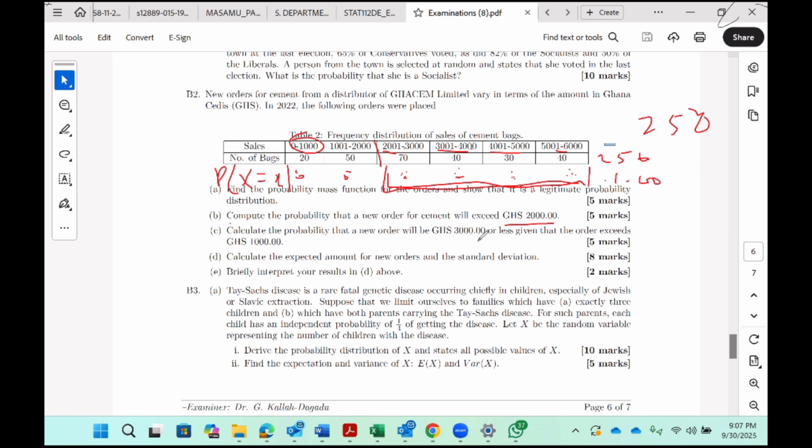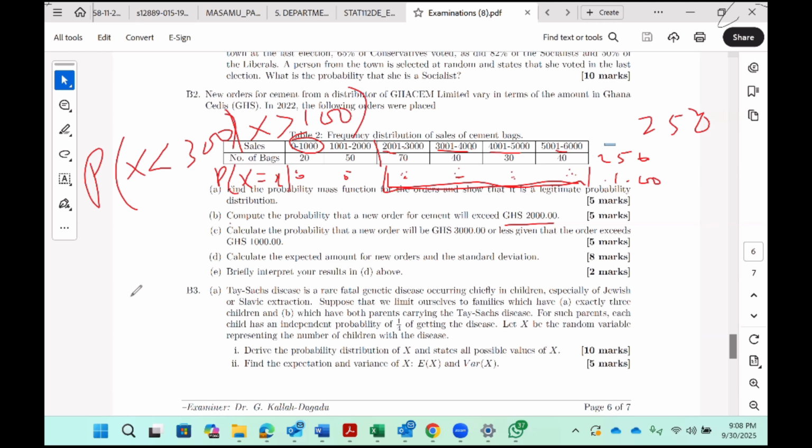So we have to find the probability that the order is less than 3,000, but given that x is greater than 1,000.